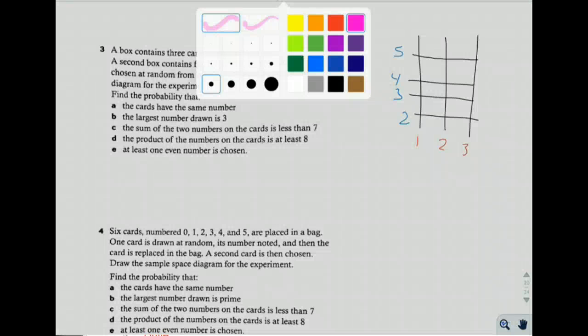Number 3. A box contains 3 cards numbered 1, 2, 3. A second box contains 4 cards numbered 2, 3, 4, 5. A card is chosen at random from each box. Draw the sample space diagram for this experiment. Okay, so we've drawn the sample space diagram. Let's show the events that the cards have the same number.